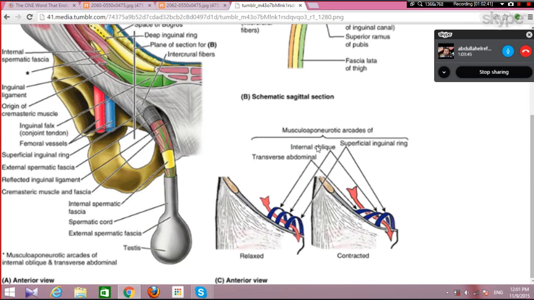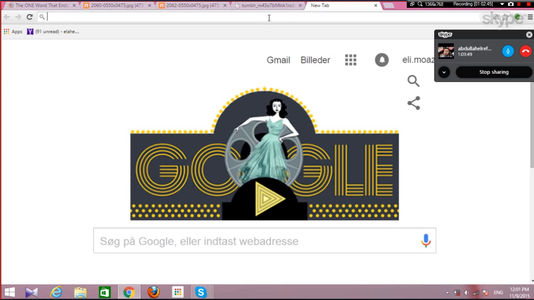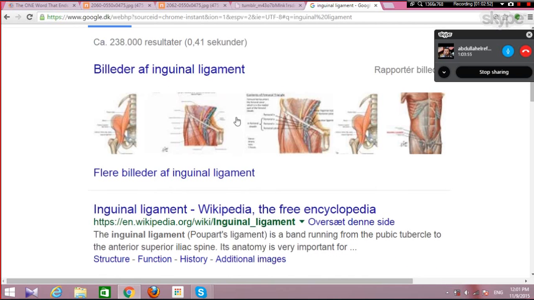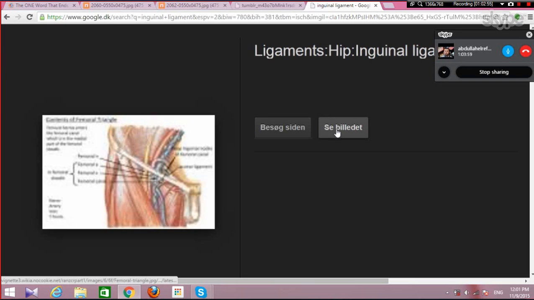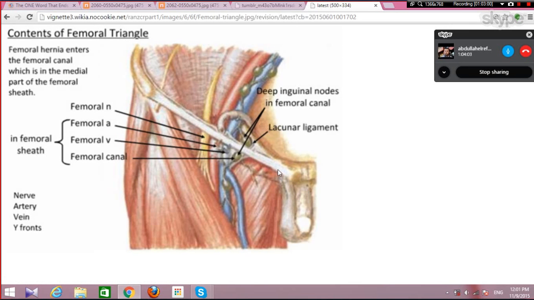We have something which is called the inguinal ligament. Do you remember the attachments of the inguinal ligament? We said the pubic symphysis and the tubercle, and the superior iliac spine.